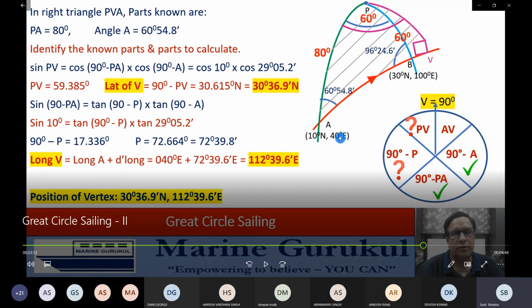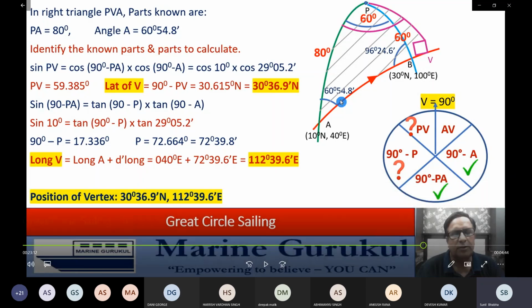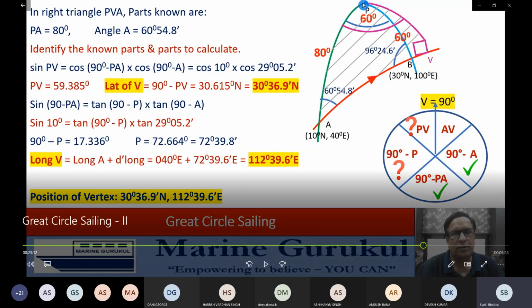Means longitude of A is 40 degrees east. We need to find the next position at 50 degree east meridian, or where the great circle track crosses 50 degree east meridian. That is one particular way how the positions can be asked.